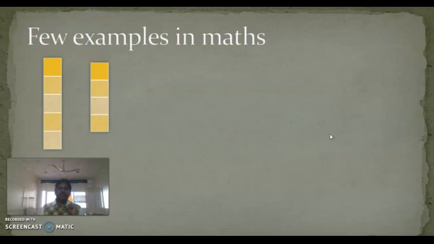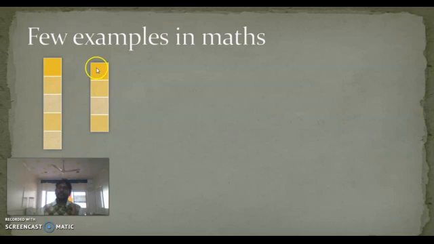Now a few examples using maths. We are taking two groups of boxes and identifying the number of boxes in the first bar and the number of boxes in the second bar. Let me start counting the boxes: 1, 2, 3, 4, 5. So the first bar contains 5.